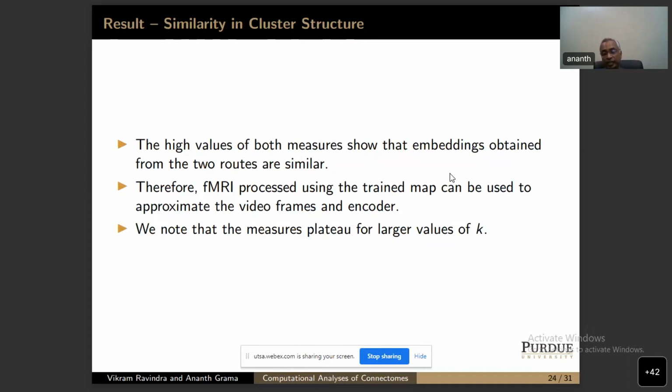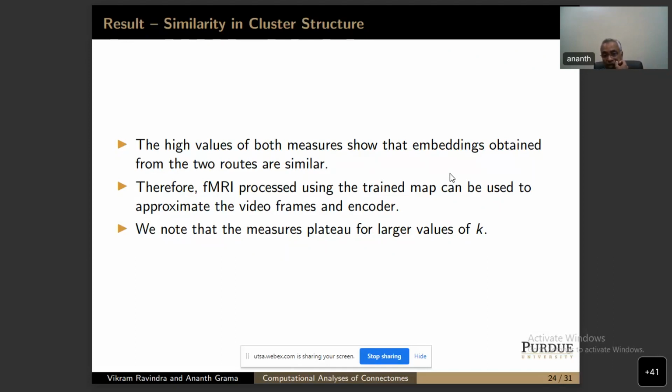And you conclude from this that fMRI processed using the training map can be used to approximate the video frames and the encoder. You will note that once you get to very high values of K, the measure does actually plateau, but that is somewhat to be expected for multiple reasons. Of course, we're talking about a training set that is very, very weakly sampled.